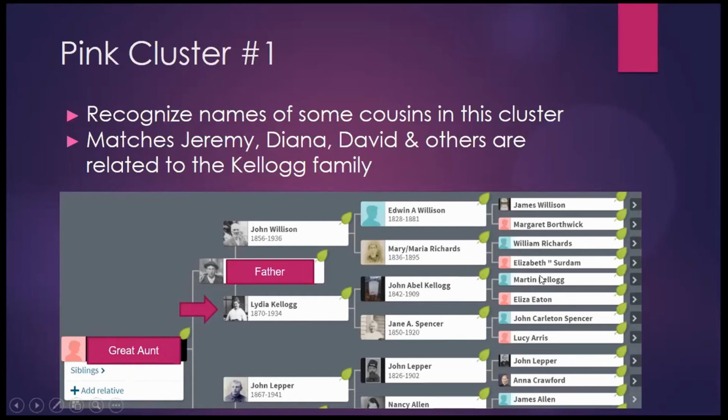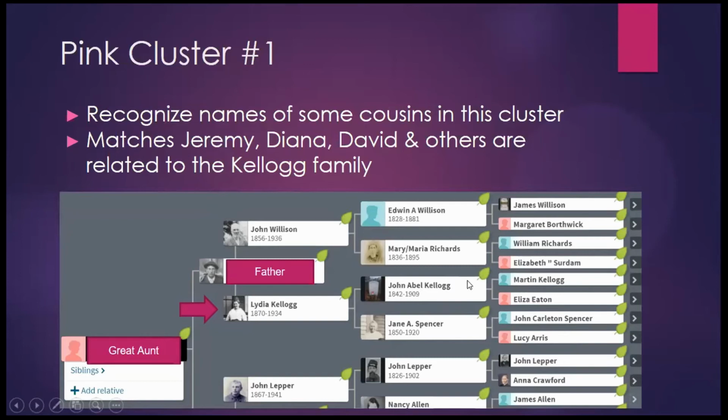If I'm correct in my deduction, this cluster is going to be descended from either John and Jane, or Martin and Eliza, or John and Lucy, or it could be a combination of people from any of these four lines.